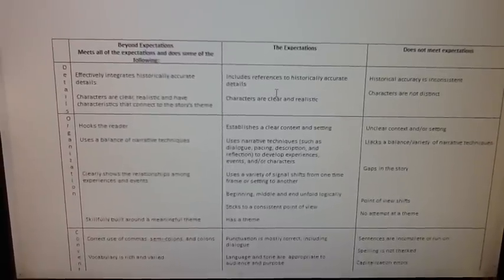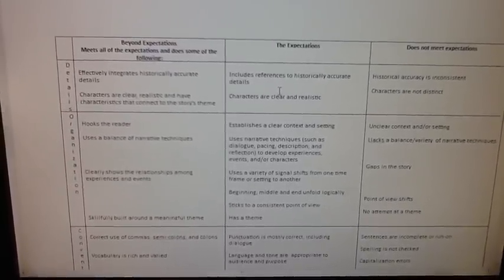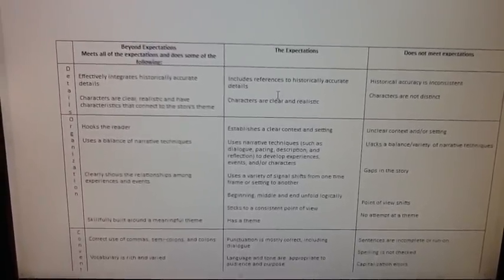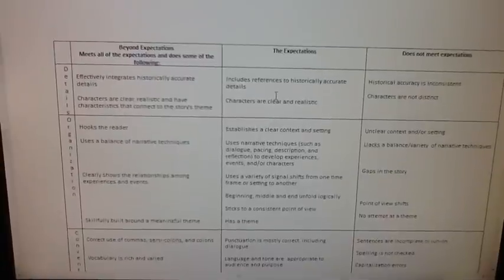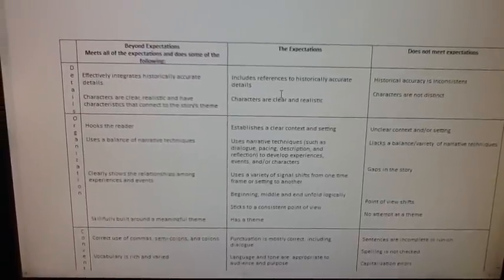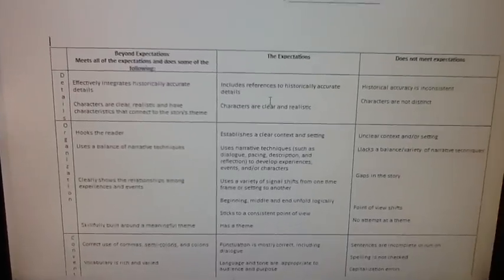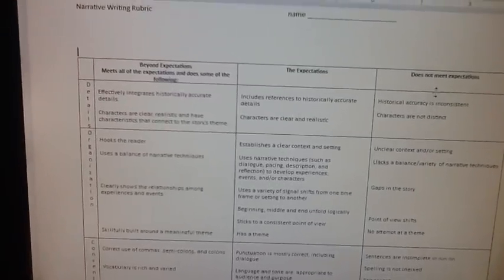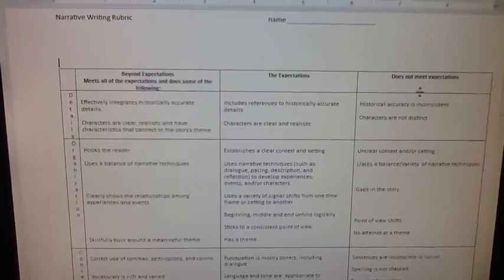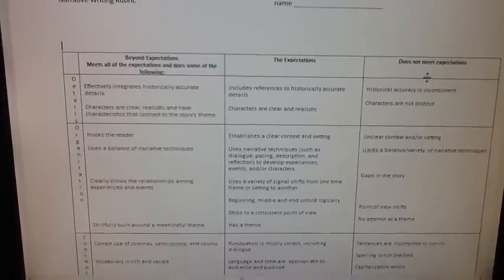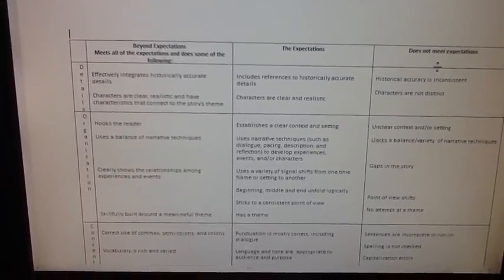When talking about details, make sure your references are accurate when you include historical detail. This is not your time to write a fantasy story. Your characters should be clear and realistic. Build them so that your audience can appreciate your characters' motivations.